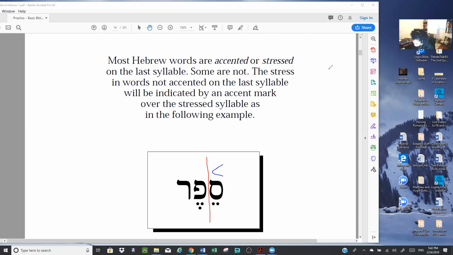This indicates that the stress is on the first syllable. If a word is stressed on the last syllable, however, no accent mark is used. If the stress falls on any other syllable, it is indicated with the accent mark.